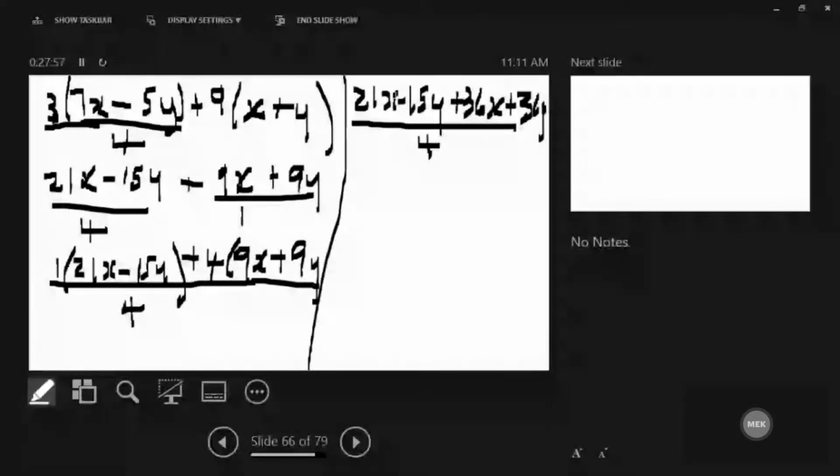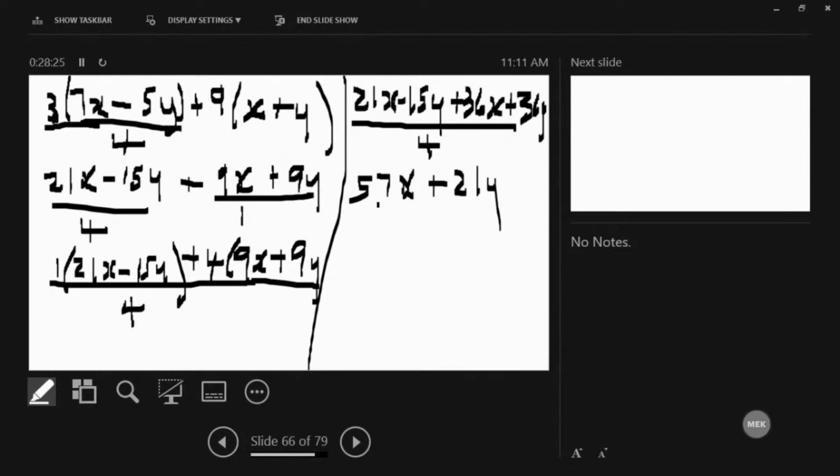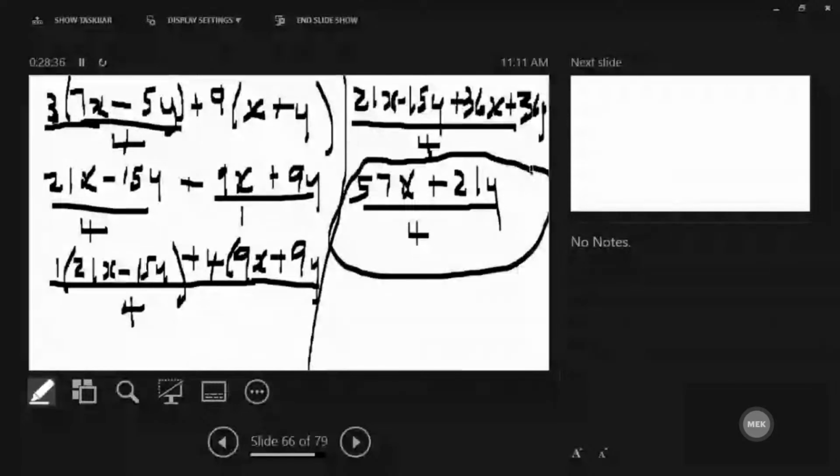So simplifying, we have 21x plus 36x, that's 57x, and negative 15y plus 36y. So that will be positive 21y over 4. And since these numbers are not all divisible by anything other than 1, that will be our final answer.